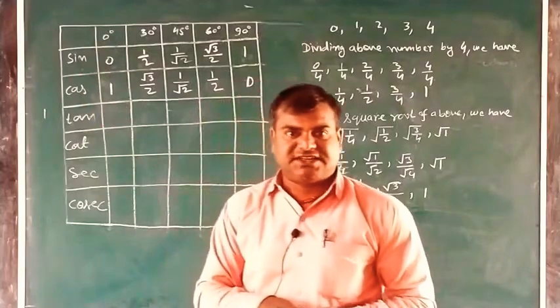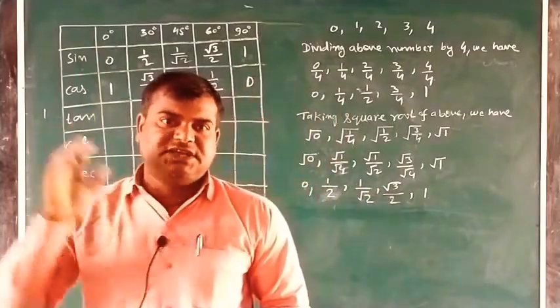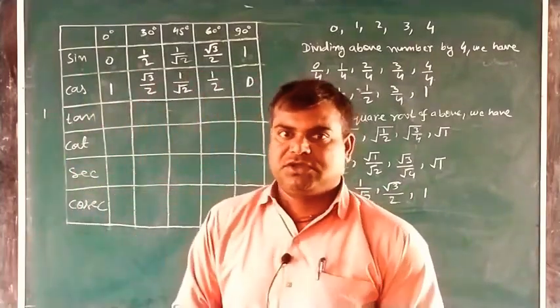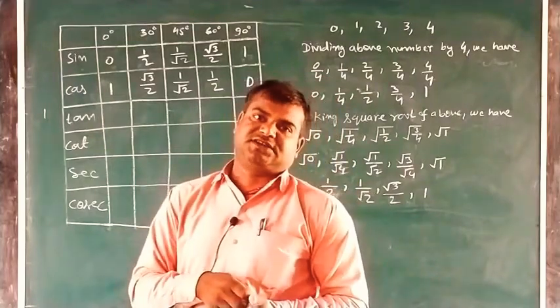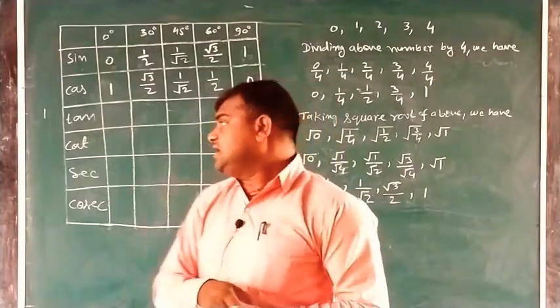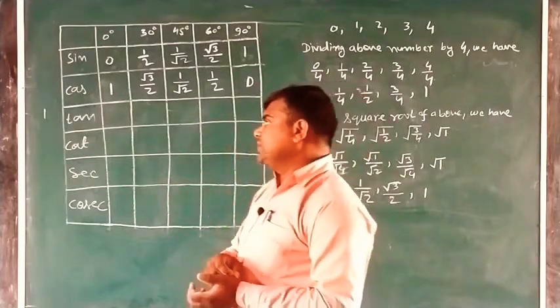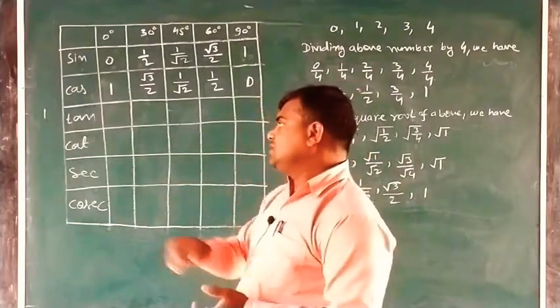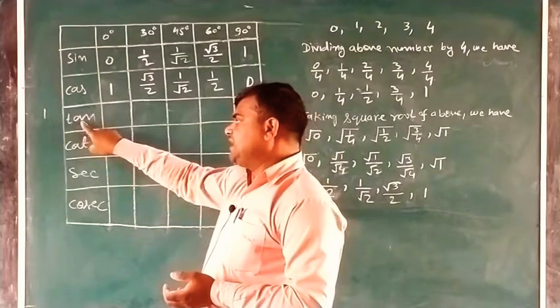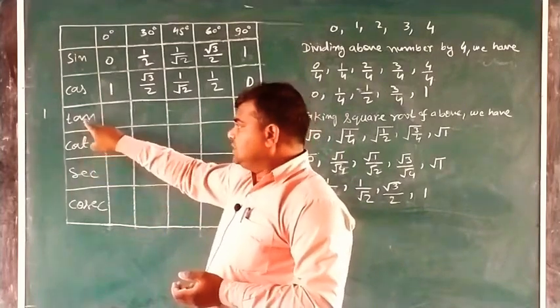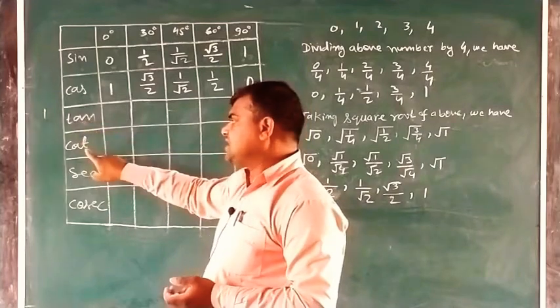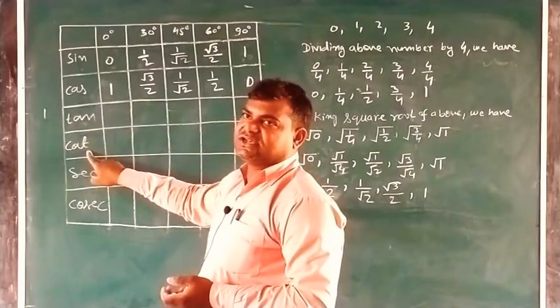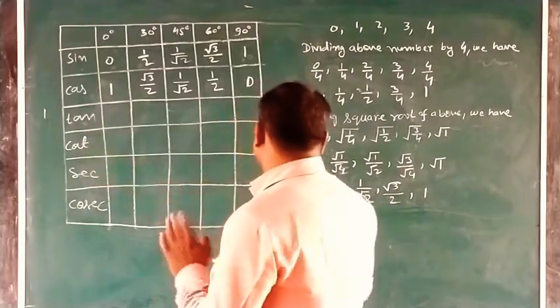This is the reciprocal relation we also discussed in our last video. Here we will use the reciprocal relation. See here how. And in the last video we also discussed the values of tan and cot. Tan theta is equal to sin theta by cos theta, and cot theta is equal to cos theta by sin theta.